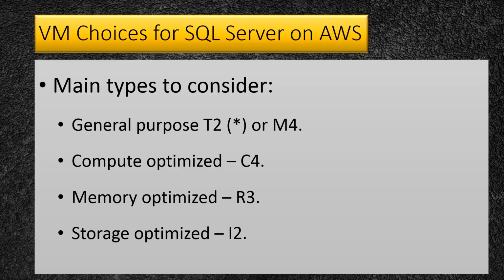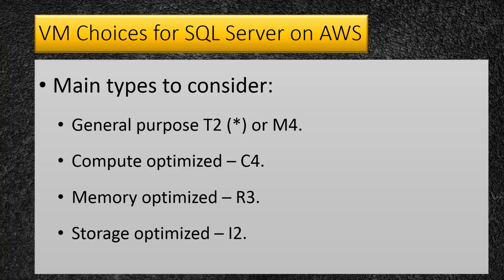The reason I like the memory optimized ones is because they usually offer more RAM than the general purpose or the compute optimized. SQL Server is very memory hungry and will pretty much eat all the memory you can give it, as long as it has data to fill it up with. So memory optimized is usually a good choice if you can afford to pay for the extra RAM that you get per core.